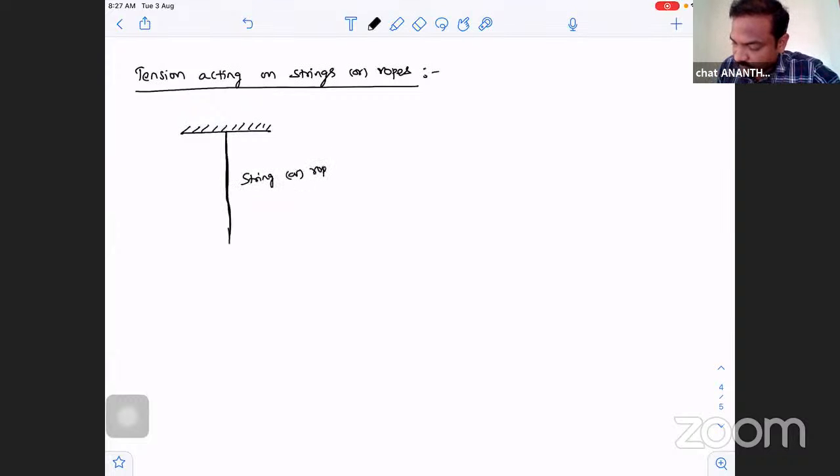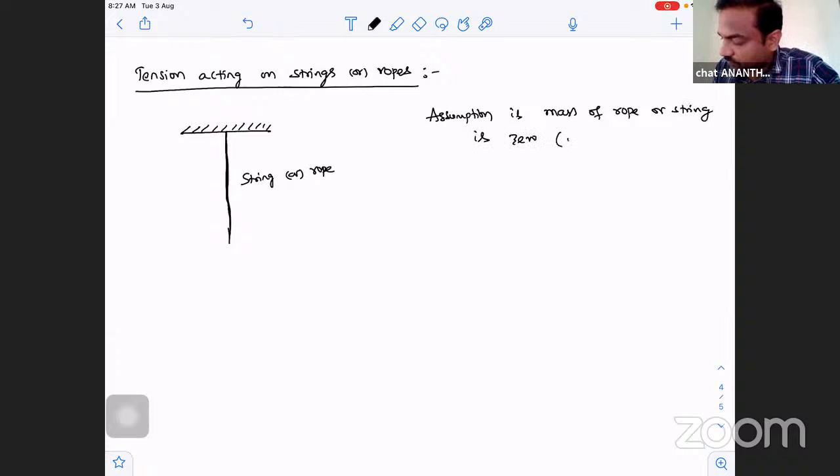But here we have one assumption. What is the assumption? In most cases, whenever it is not specified, the mass of the rope or string is 0.